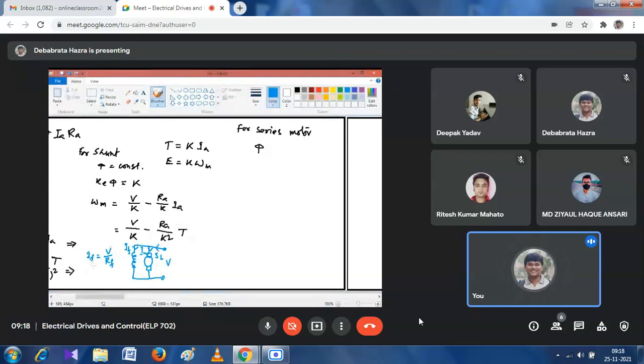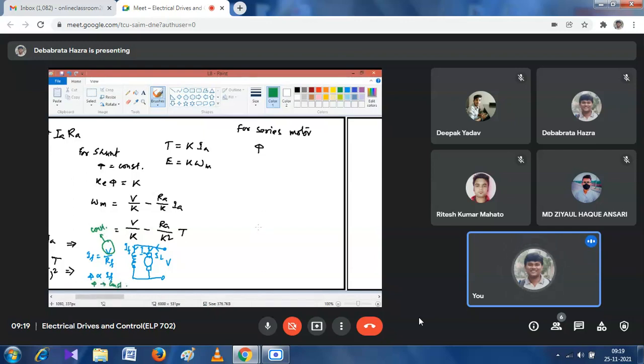If If is constant, then we can say phi is constant because phi is proportional to If. So if V is constant, then phi is constant.